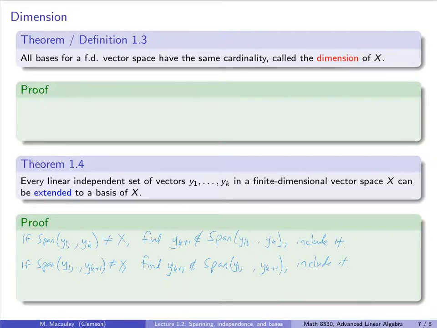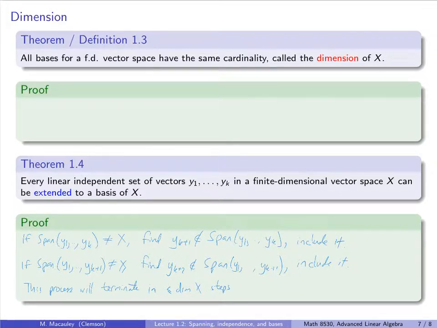And then so forth. So this process will terminate in how many steps? In, well, less than or equal to the dimension of X steps. You can get better than this, actually, if you look at the difference of the dimension of X and k.